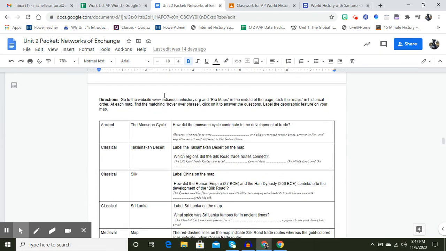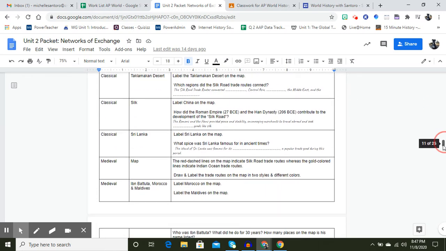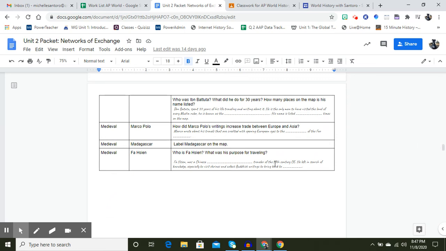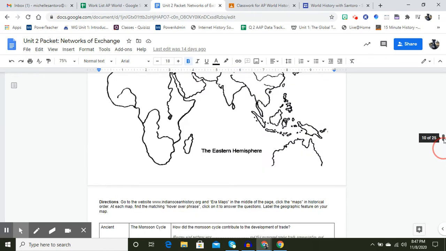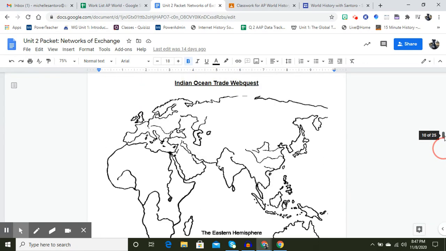So we will be using IndianOceanHistory.org and going through the different maps in that era. You'll be labeling different things, talking about Marco Polo, Ibn Battuta, and so on. So this is our color day activity. If you do not finish it on your color day, this will be your asynchronous work.